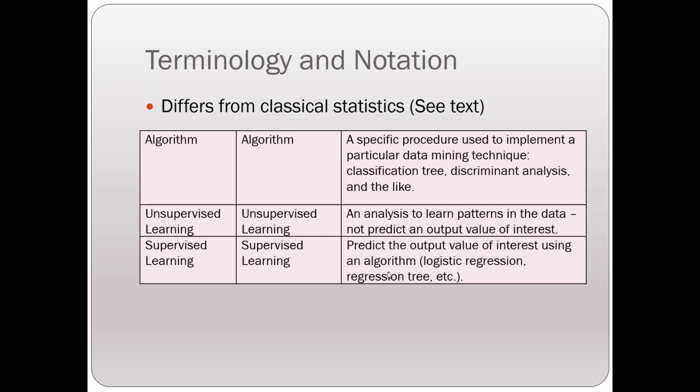Okay, so maybe young millennials or seniors and things like that. So you're trying to learn the pattern in the data and then group the observations into various relatively homogeneous groups. So that's called unsupervised learning. So unsupervised learning means there is no target in the analysis, whereas supervised learning means there is a target that you want to predict.